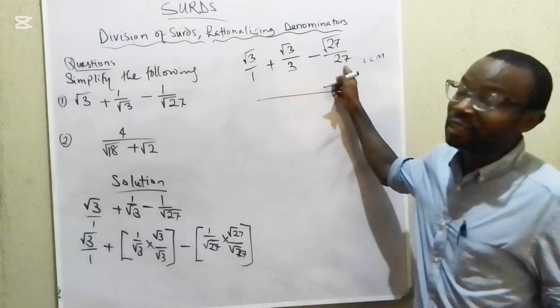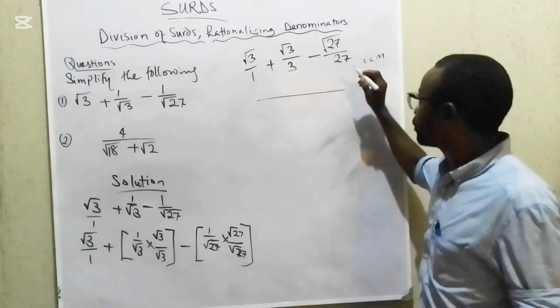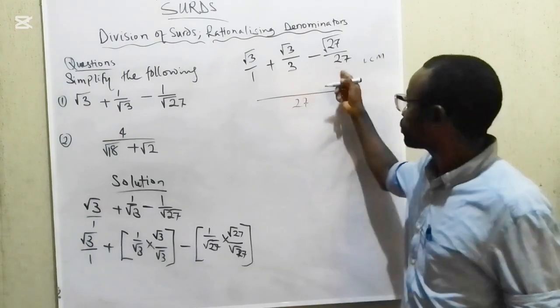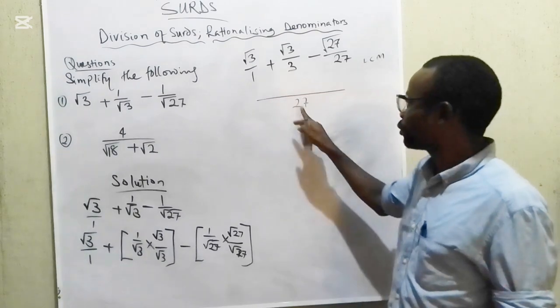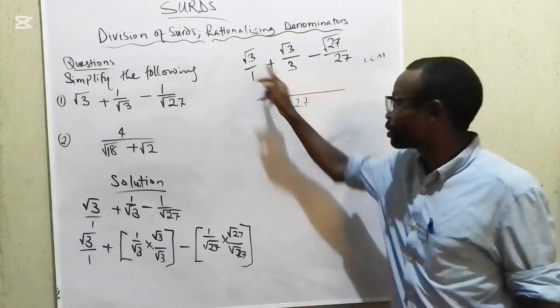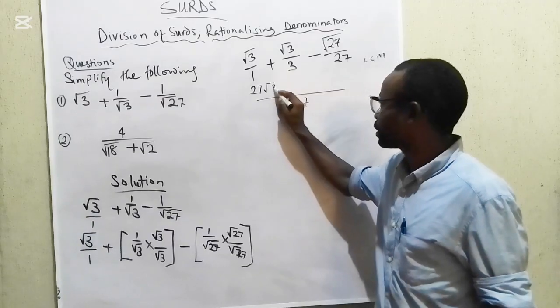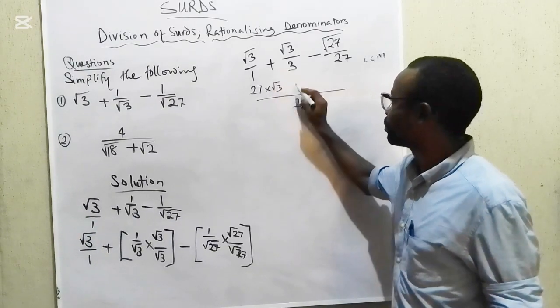There are several such numbers, but 27 is the lowest number that 1 can go into, 3 can go into, and 27 can also go into. So let's go. 1 into 27 is 27. 27 times root 3 is going to be 27 root 3, let's leave it that way.